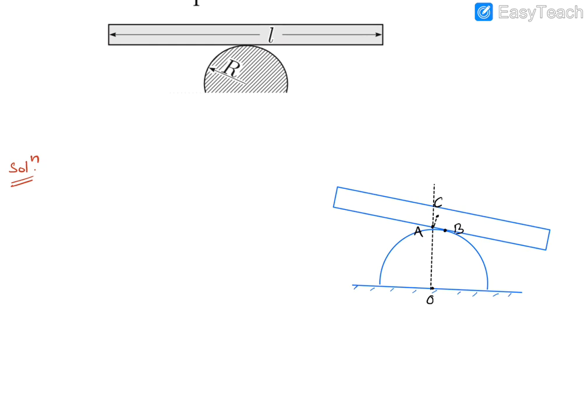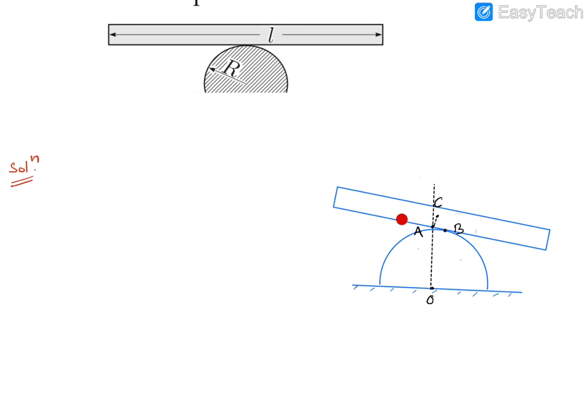Now with respect to point B, if the resultant torque is in this manner, that means anti-clockwise, then you'll find this plank is stable. If the resultant torque on the plank is clockwise, we will say the plank is unstable.